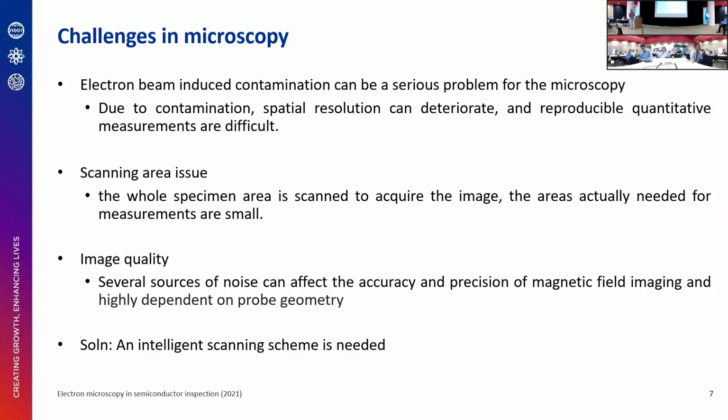There should be some intelligent way to bring in. Also image quality: most of the sensors we use have a noise aspect, which is a concern. The resolution of the image also depends on the positioning of the sensor. If you go far away from the imaged sample, visibility may be slightly lower. So these are challenges in how we position, acquire and process the data, and that's where we need an intelligent scanning technique to overcome them.